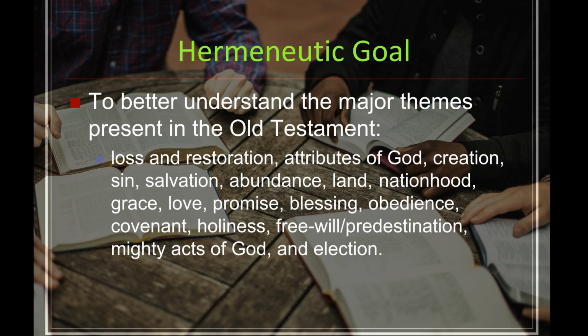Some of these overarching themes, which are sometimes called meta-narratives, are loss and restoration, attributes of God, creation, sin, salvation, abundance, land, nationhood, grace, love, promise, blessing, obedience, covenant, holiness, free will versus predestination, the mighty acts of God, and election.